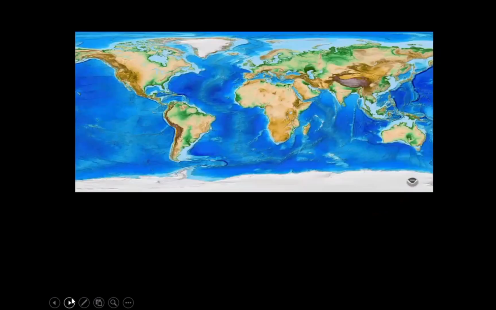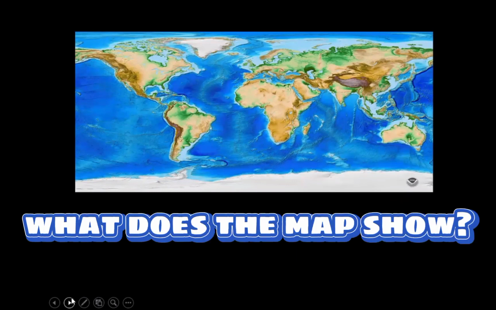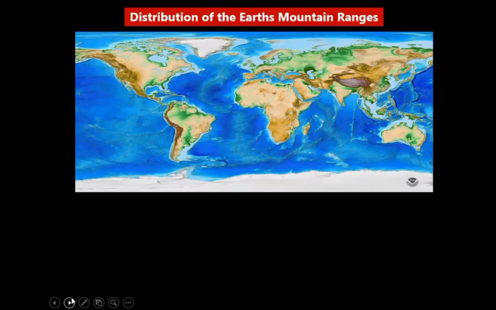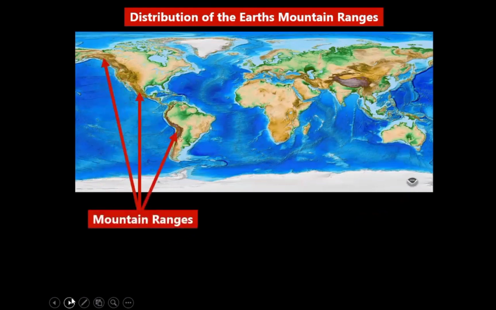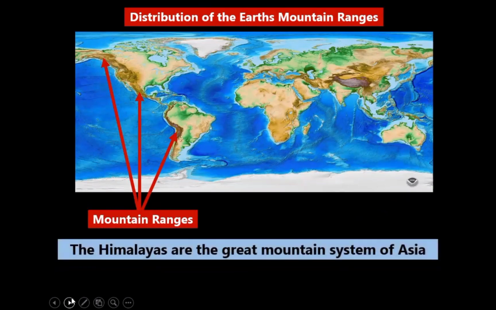And finally, let's take a look at the third map. What does this map show? Our third map shows the distribution of the Earth's mountain ranges. Take note that the coarse and darker areas in the map are the mountain ranges of the world. The Himalayas are the great mountain system of Asia.